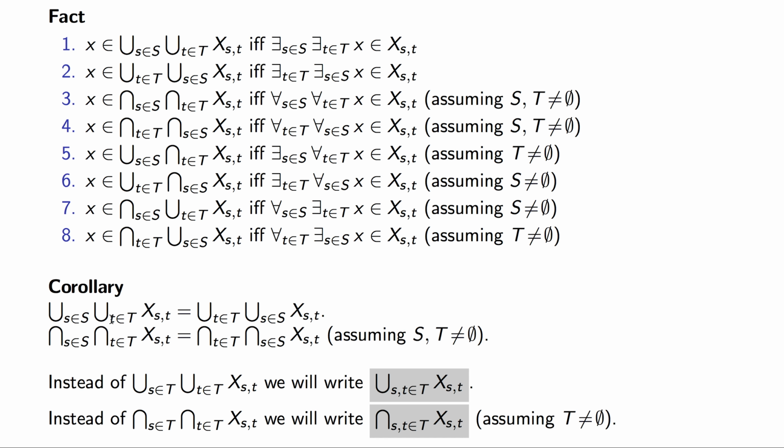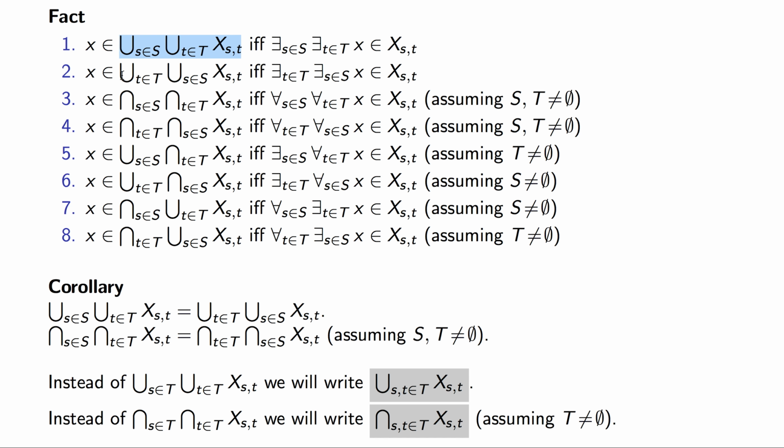Here we actually start with the union over T in capital T, and then we follow with the union over S in capital S. On the right hand side of this equality we reverse the order of the unions, and the two values are equal. How do we know this?